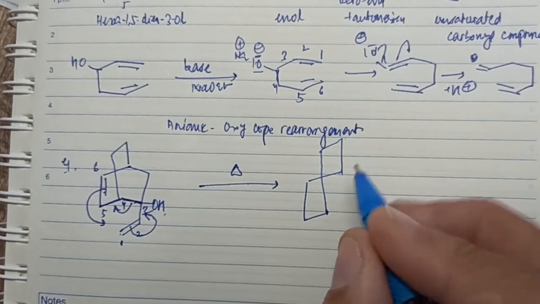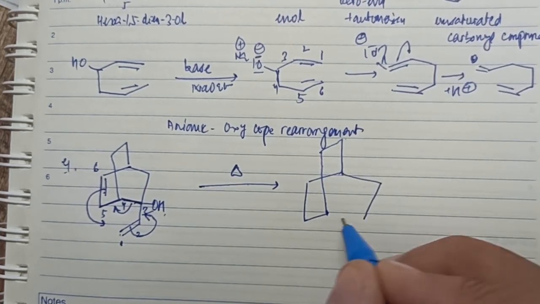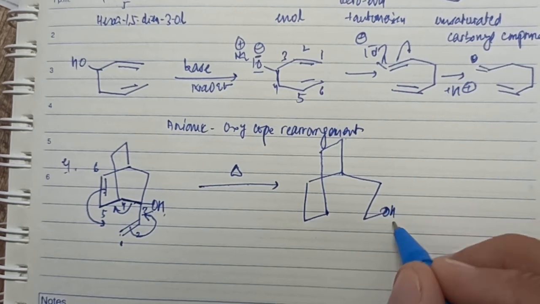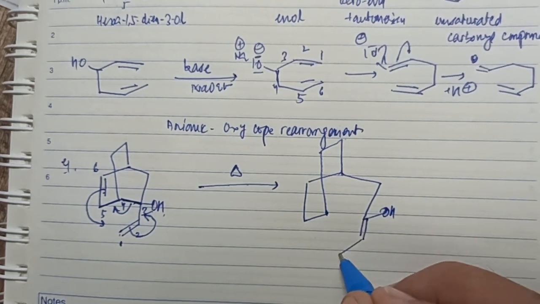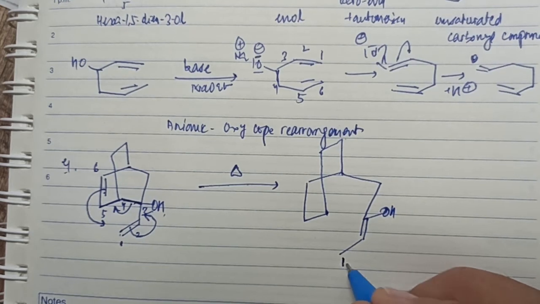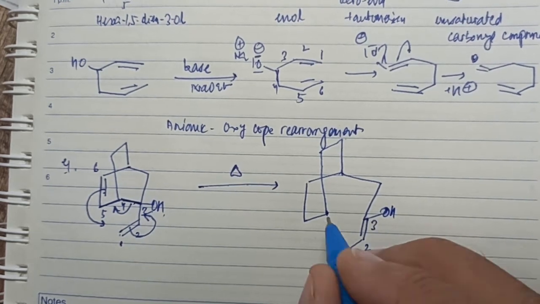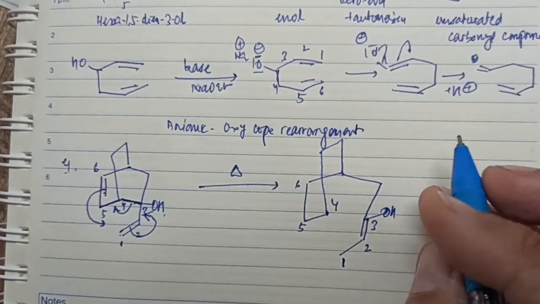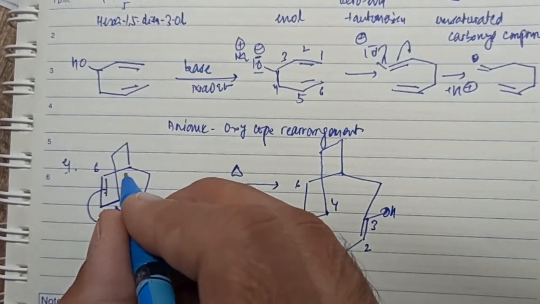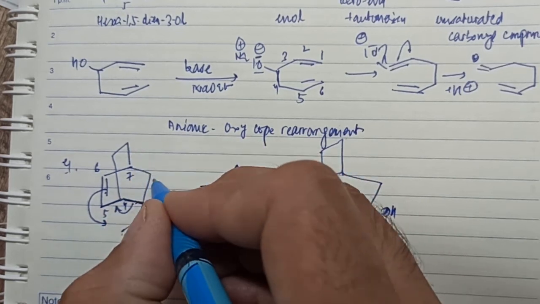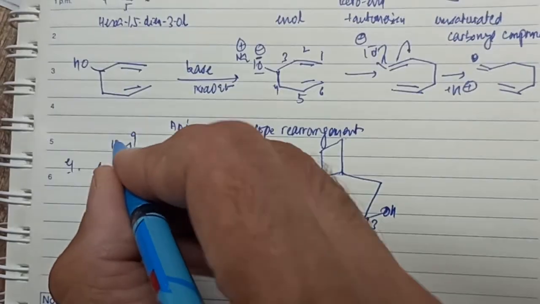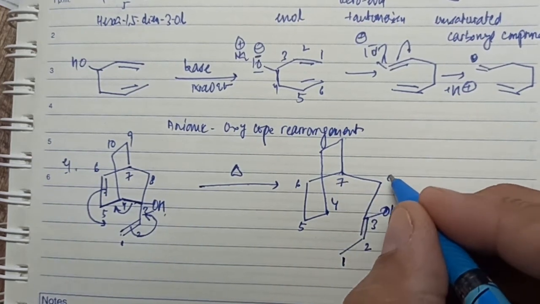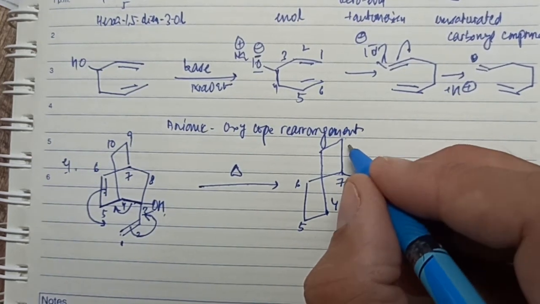This portion remains intact. This portion remains intact. In fact, the bond between 3 and 4 cleaves. This is OH. You have a double bond here. This is the first carbon. Let me retain the numbering: 1, 2, 3. The 3,4 bond broke. 4, 5, 6. And if I continue the numbering on the remaining atoms, let's say this is 7, 8, 9, and 10.